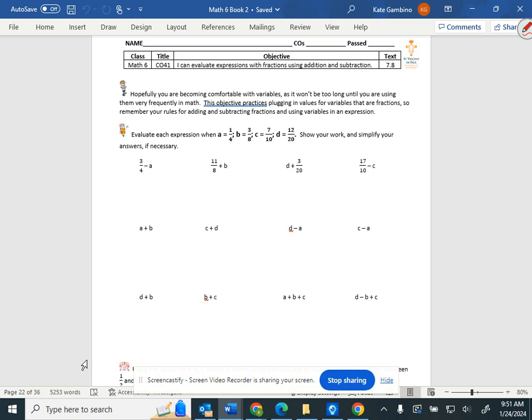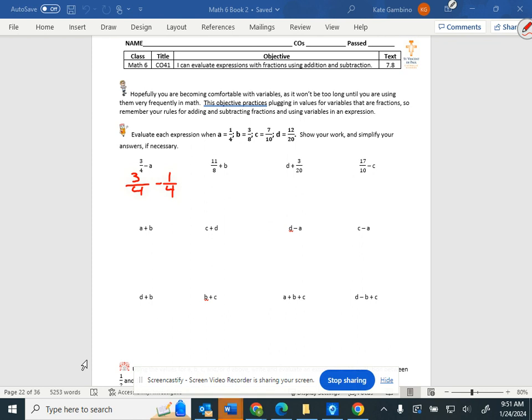So our first step when we're working with variables is we rewrite our equation using the correct values. So I have 3/4 minus what? Kelly? 1/4. Now, second thing we have to look at is common denominator.